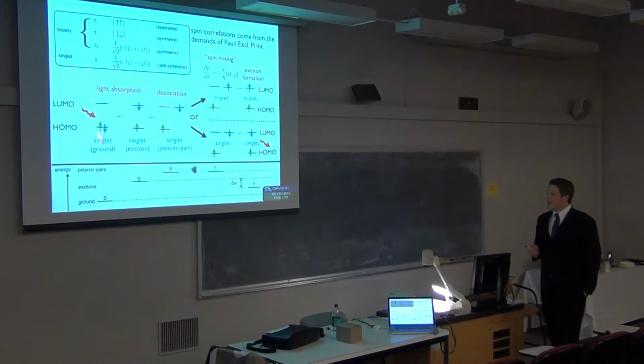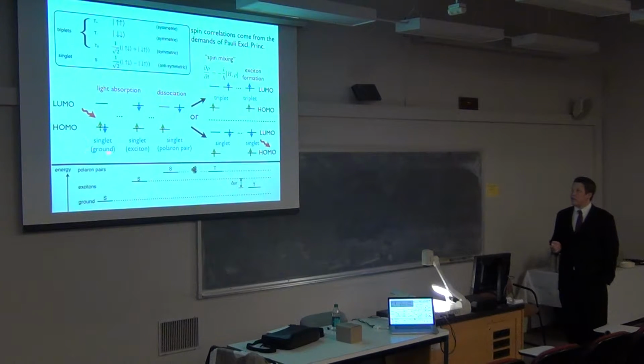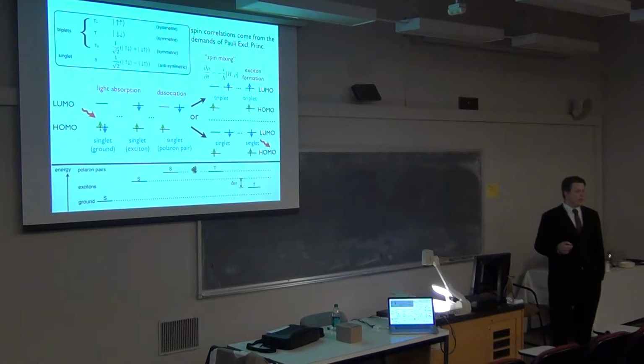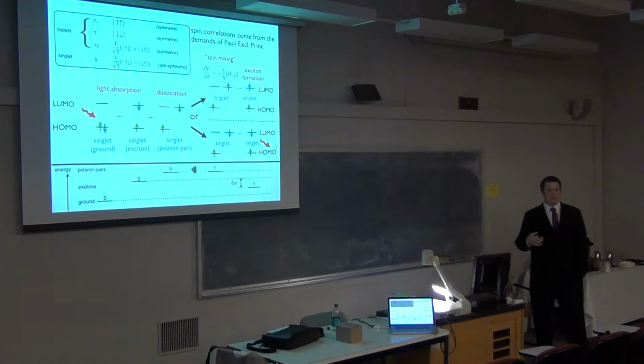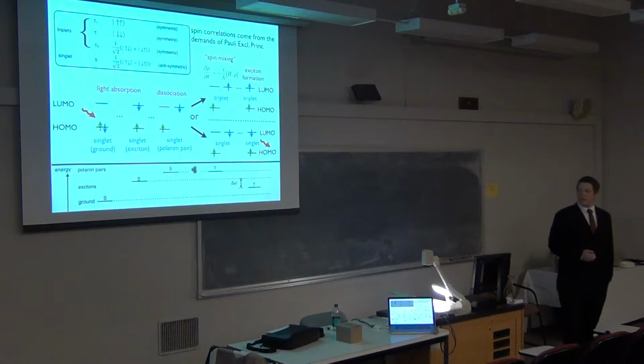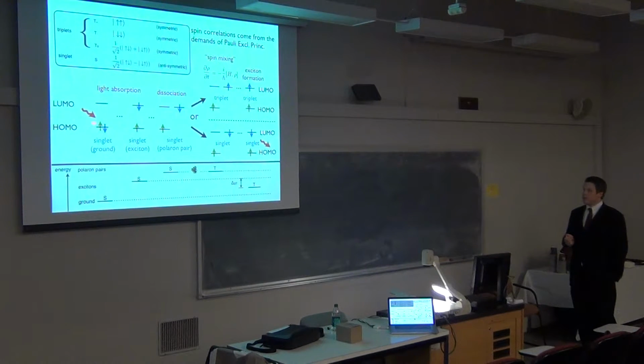And if light is incident on the molecule, it can excite it. So, just to be clear here, in the ground state, the HOMO level is filled, and it needs to be in a singlet state. And this is dictated by the Pauli exclusion principle. You need to have opposite spins in the same orbital state. So light comes in, excites one of the electrons to this higher level.